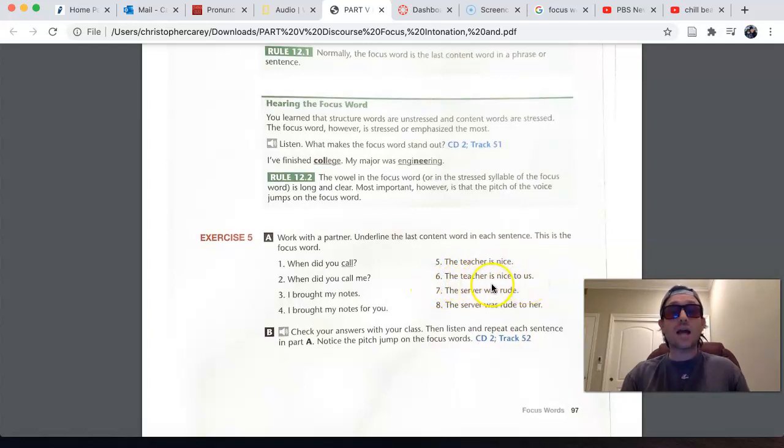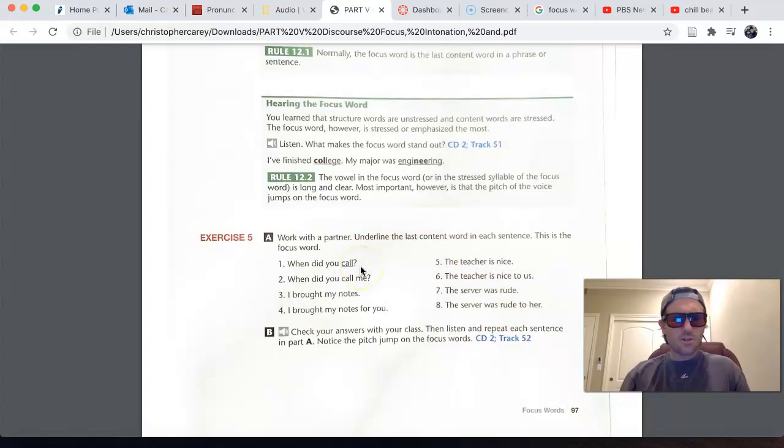Again, nice. And 7 and 8 are both rude. The server was rude. The server was rude to her. So you can see that it's toward the end here.